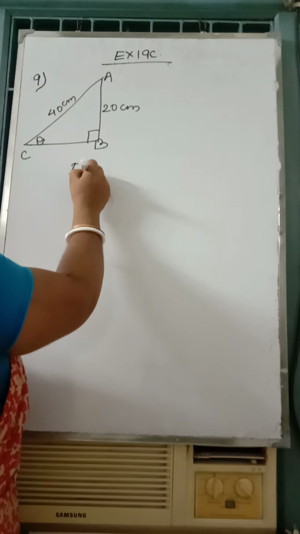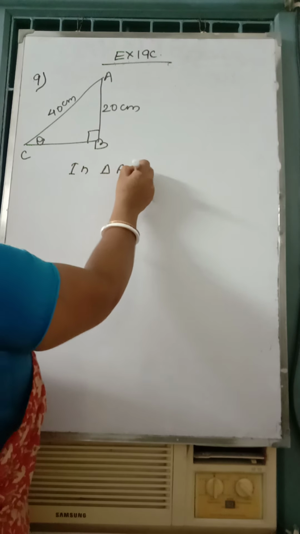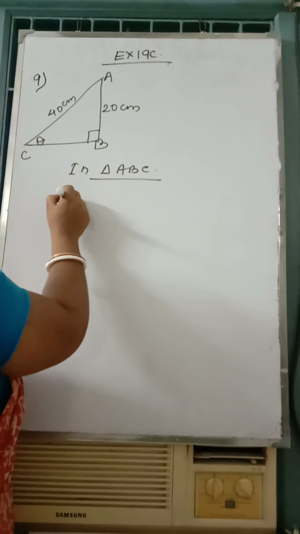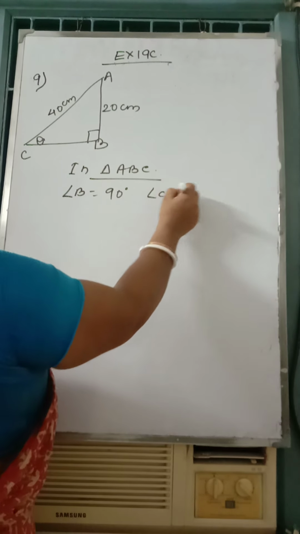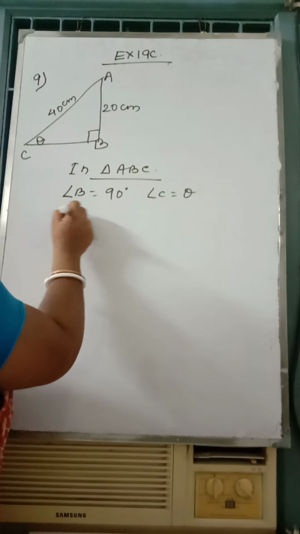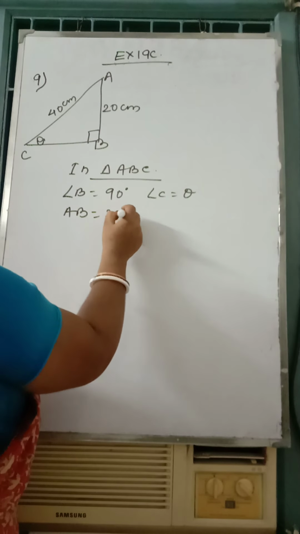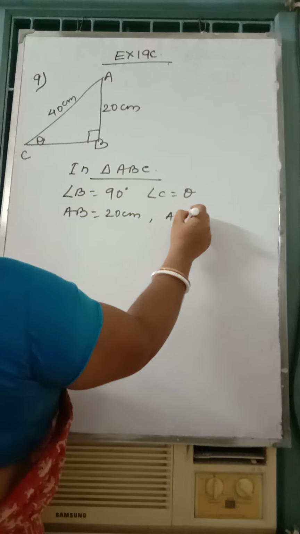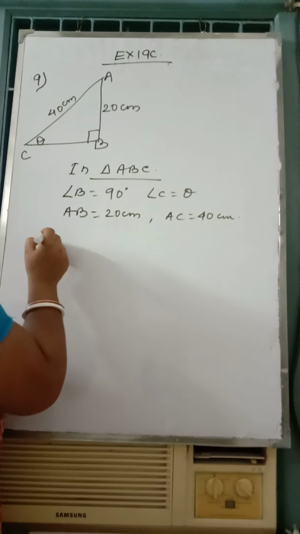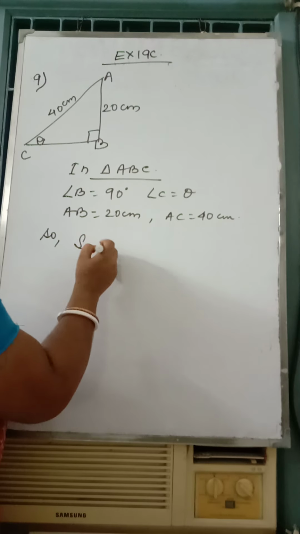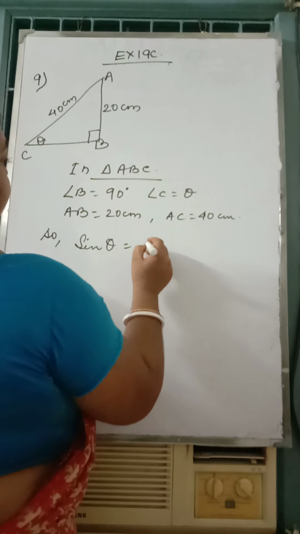In triangle ABC, angle B is 90 degree, angle C is theta, AB is 20 centimeter and AC is 40 centimeter. Okay, so sin theta is equal to AB by AC.